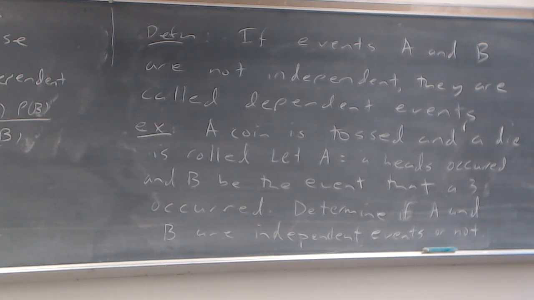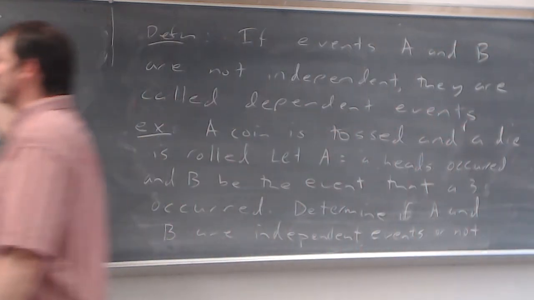And really, it should be kind of clear that when you flip a coin and then you toss a die, whatever happens on the coin toss should not have affected what the die roll was going to end up being. So they should be independent events. But let's check this out using our definition.